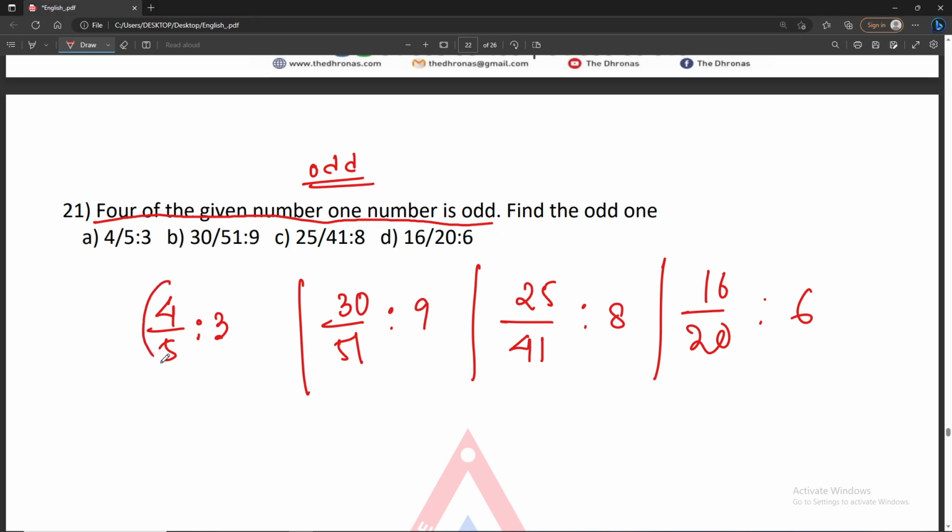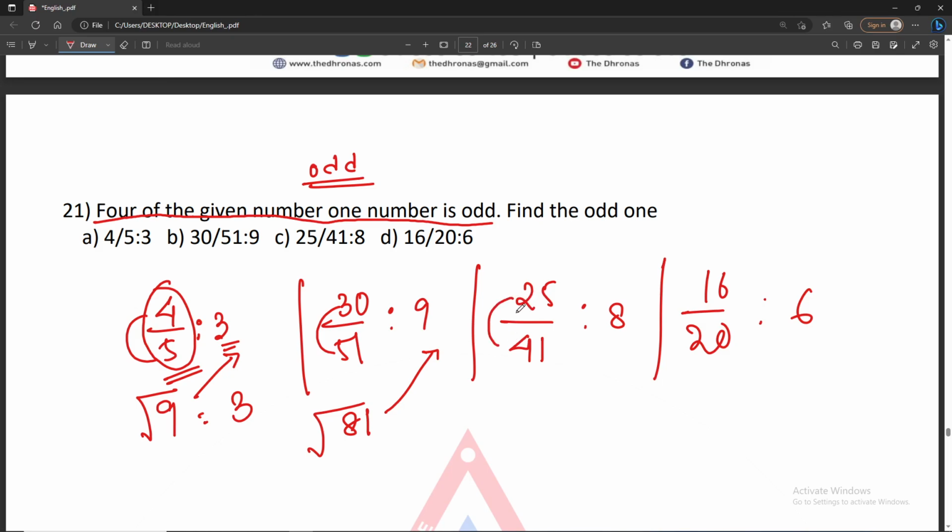So how does 4 by 5 come to 3? You can see 5 plus 4 comes 9 and 9's root is 3. Same, 51 plus 30 comes 81 and 81's root is 9.